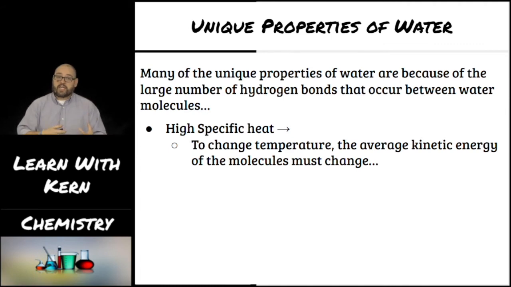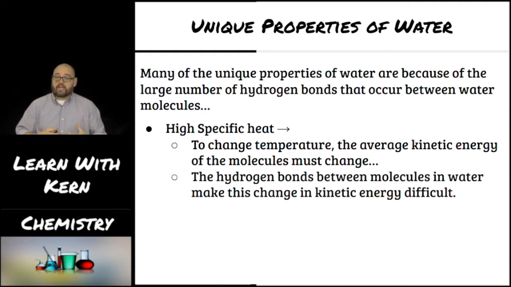So if you want to change the temperature, you are going to have to break those hydrogen bonds, that attraction between those molecules. Since they are so attractive, it is a lot harder to get those molecules to move past each other and move faster past each other, and therefore it takes a lot more energy to raise the temperature. Because again, remember what temperature is. It's the average kinetic energy. So it all has to do with how fast the molecules are moving.